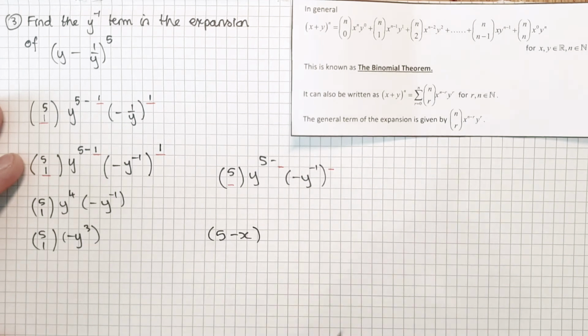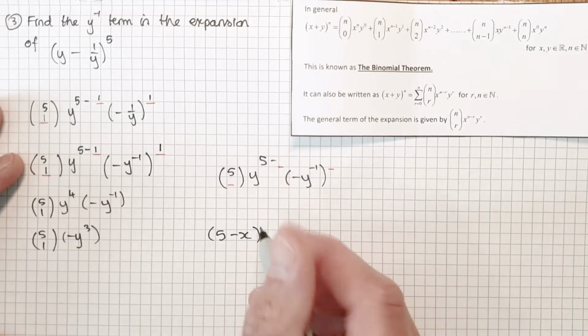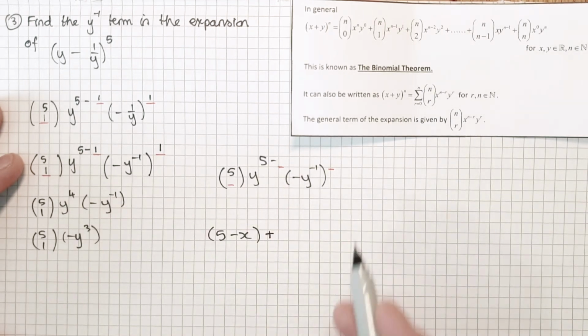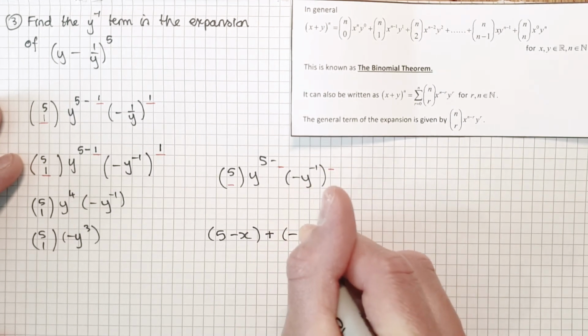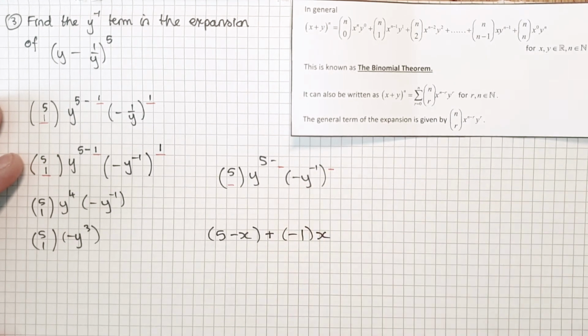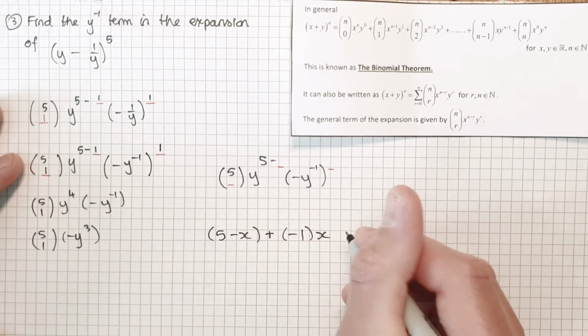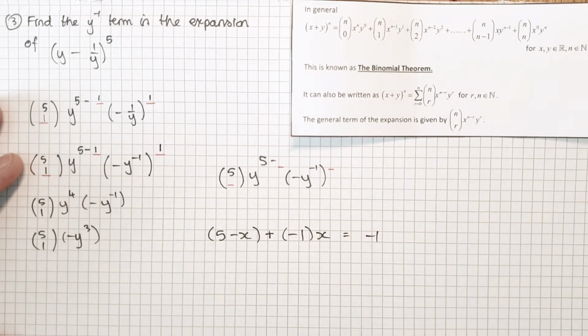And then what we're doing is adding, because remember, you're adding the powers. If you look back over here, you add the powers together. So 5 take away x, plus negative 1 times x. x is just this number here that we don't know yet, and all of that has to be equal to negative 1.